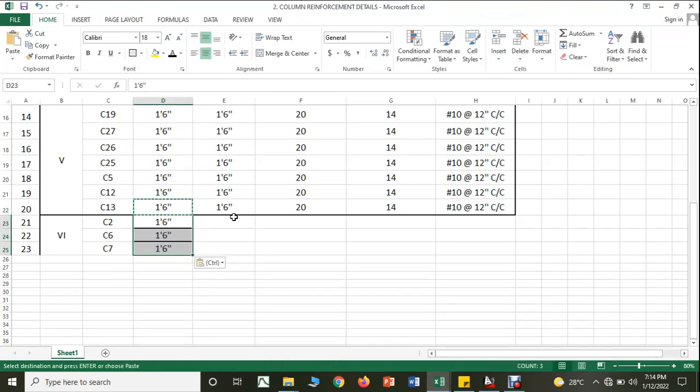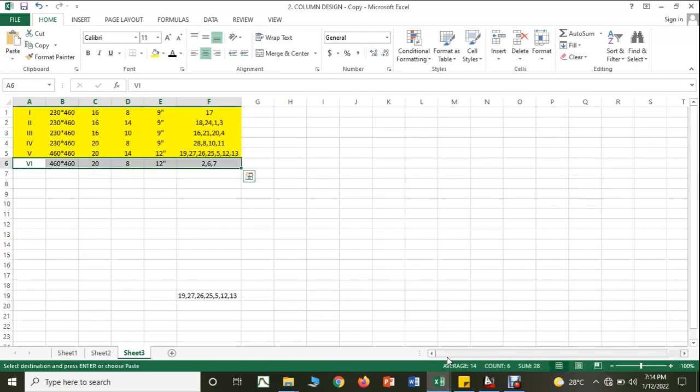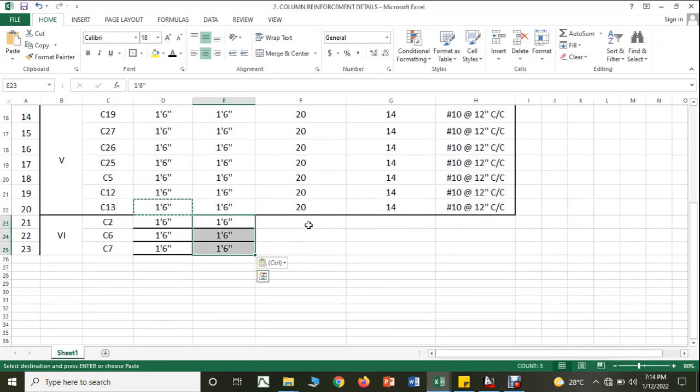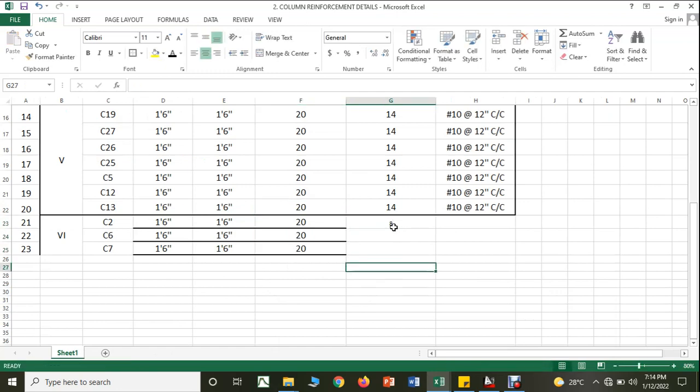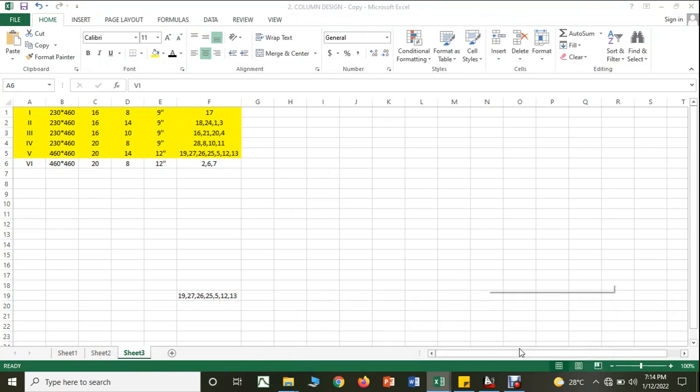And what about reinforcement? 20 mm diameter, each of 8 numbers, at 12 inch center to center.